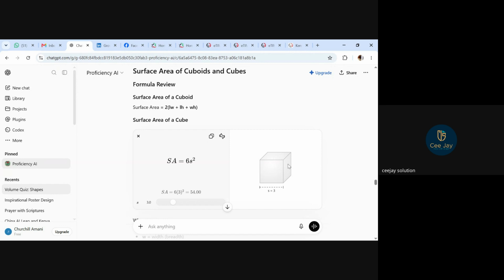Then we come to this side now, where my arrow points, 3 times 3 is 9 times 2, which is 18.